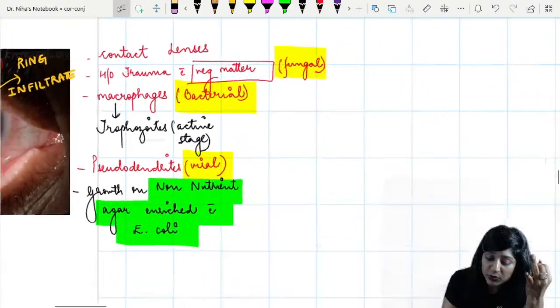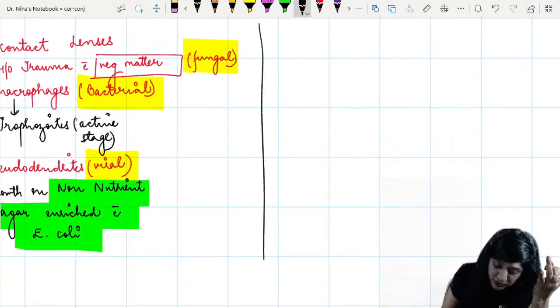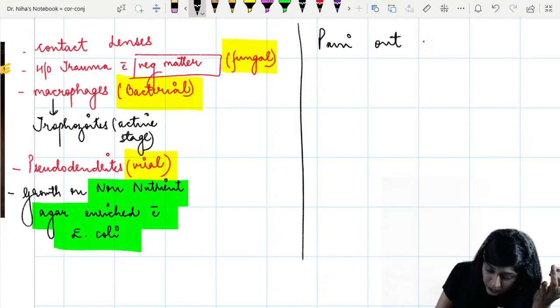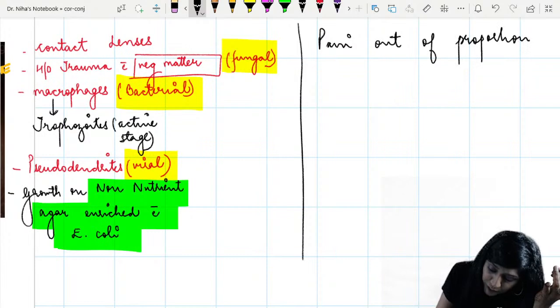Plus, you will also get one more history in these patients: pain which is out of proportion to the size of the ulcer.